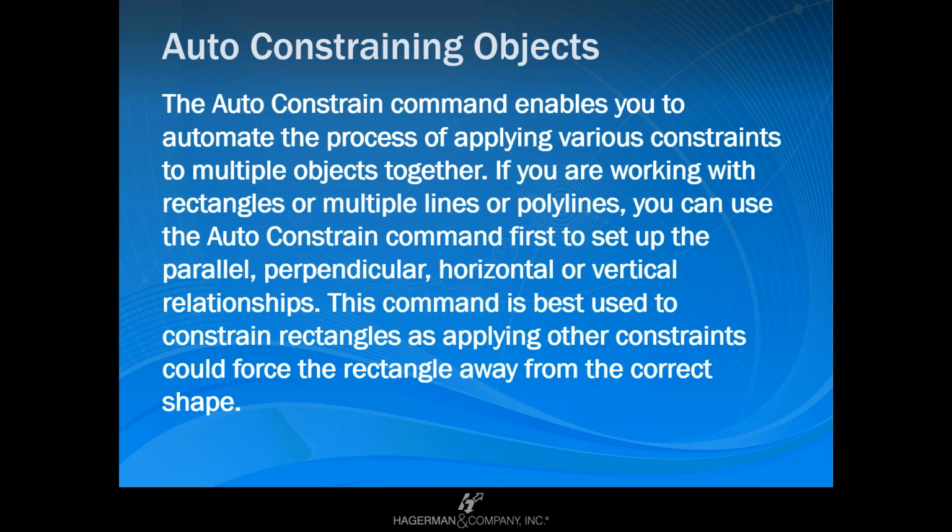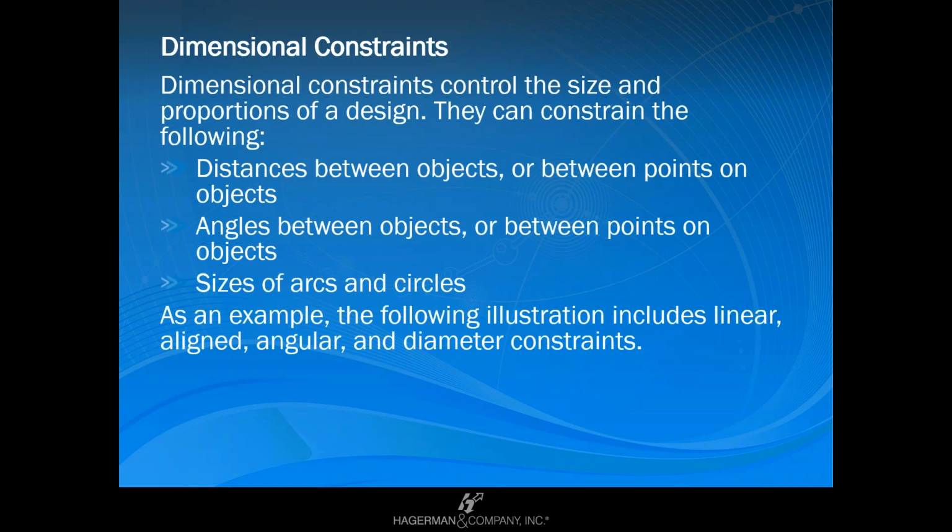I like to use the automatic constraints, especially if I'm drawing polylines, whether it's a rectangle, a polygon, or some weird shaped polyline. It puts them in automatically and I'm done. But again, you can always put them in after the fact.